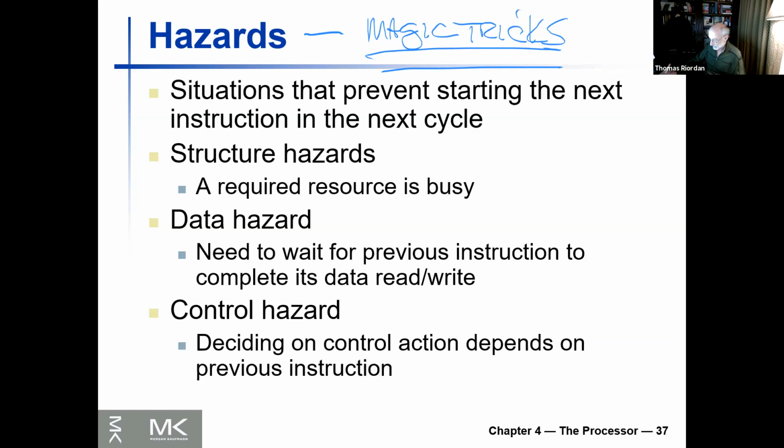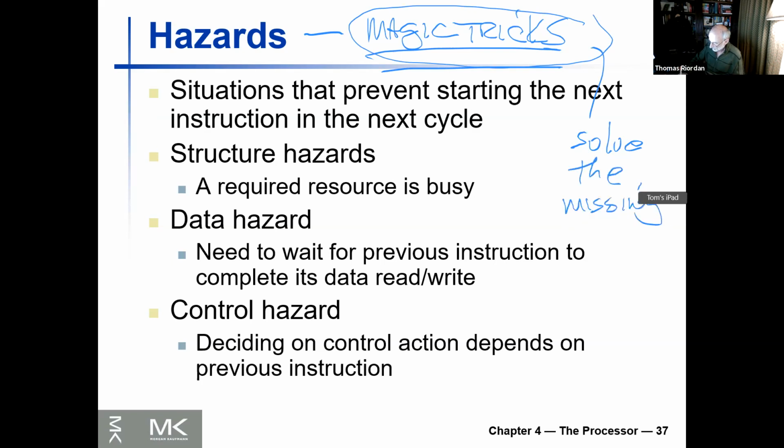If you left a sock back in the washer, stuck somewhere inside the washer, and it didn't make it through the dryer, and therefore it's not ready for its pair in the folding table, we're going to learn all the magic tricks necessary to solve the missing sock problem.